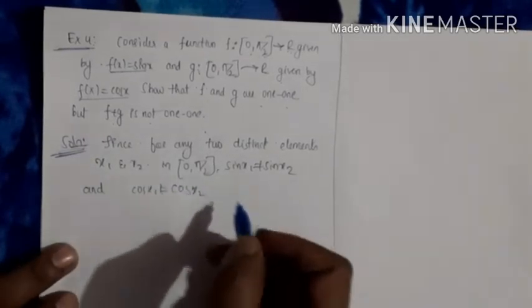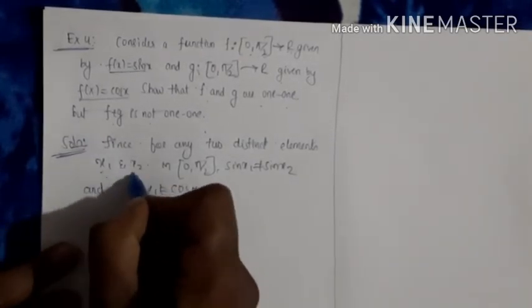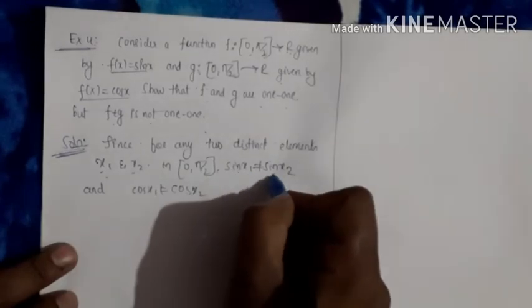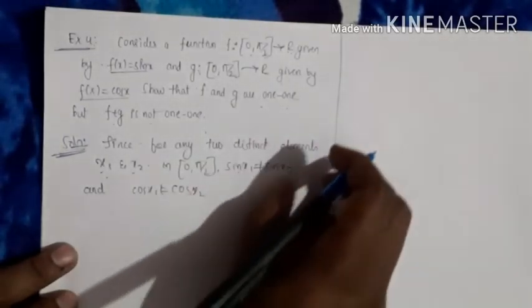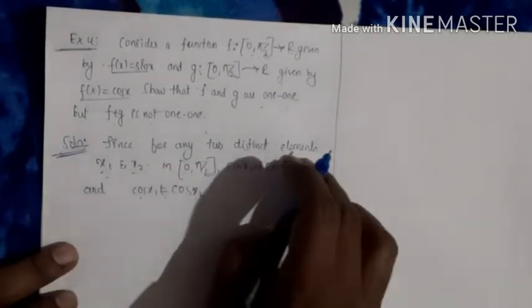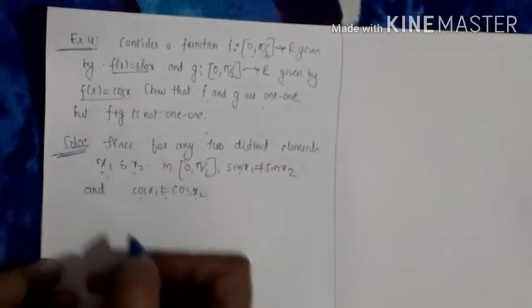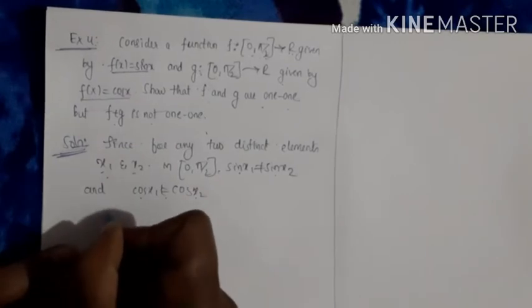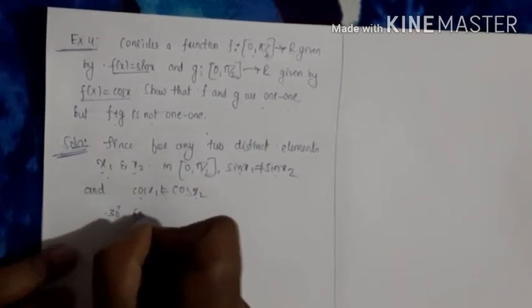Why? Because for any two distinct values x1 and x2, sin x1 is not equal to sin x2, because it will take different images, and cos x1 is not equal to cos x2, because it also takes different values. Just consider 30 degrees and 60 degrees.